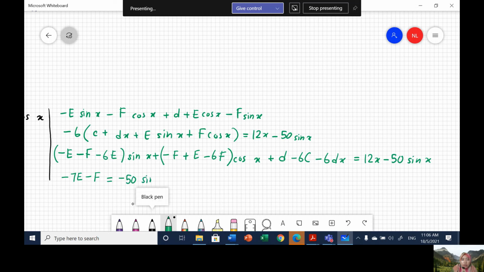I will just delete sine because we compared sine with sine, so it equals negative 50. For the cos, you can combine the f terms, so you have e minus 7f equal to 0.